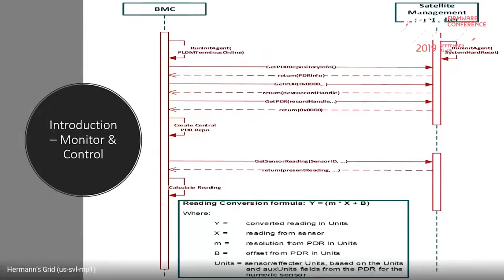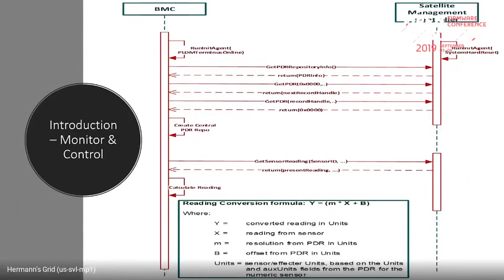So what happens with PLDM is, assuming that there is a PLDM terminus on the BMC and a PLDM terminus on the satellite management controller, when the satellite management controller boots, it will get its terminus ID and let the BMC know that the terminus is ready to receive commands.